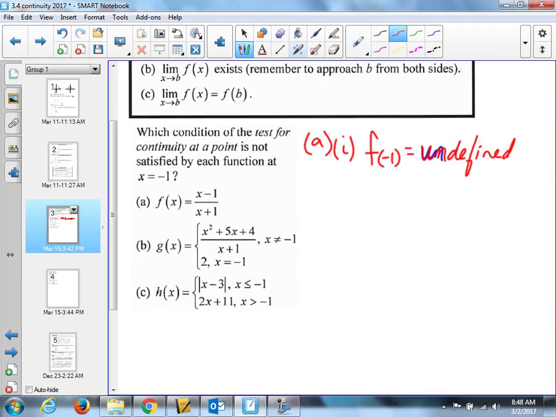Undefined. So therefore not continuous. You guys ever see 3 dots as therefore? So I'm gonna go, therefore, not continuous. You can spell the whole word if you wish, I'm gonna use CTS, continuous at x equals -1. It's continuous everywhere else, but not at x equals -1. That's the reason. B.